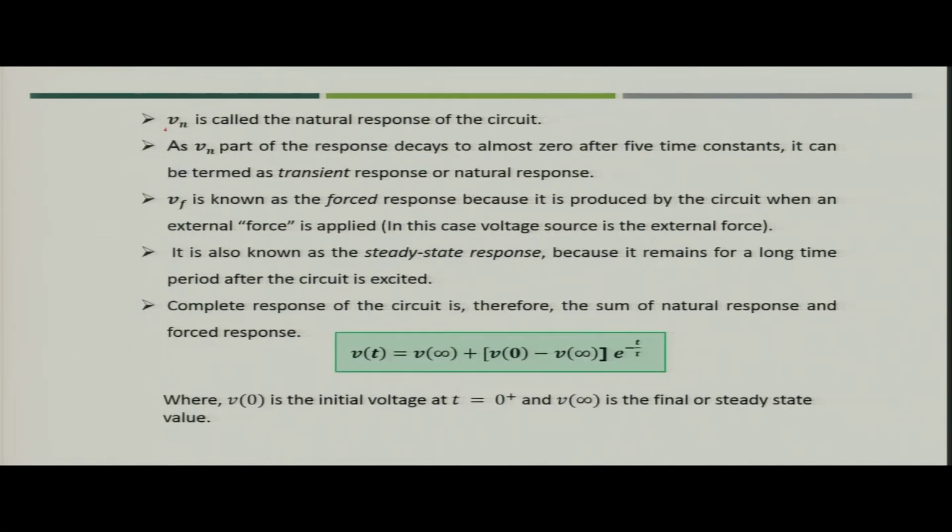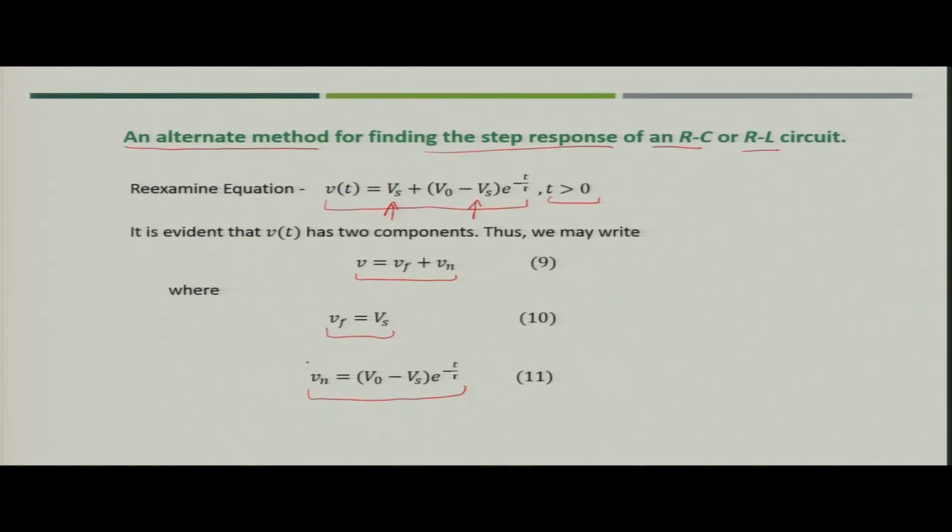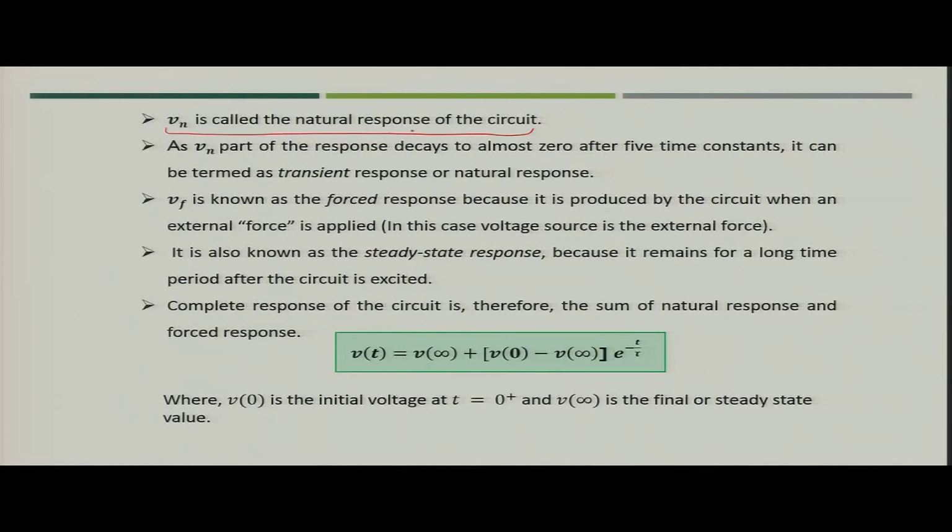Now, what is Vn? Vn is called the natural response of the circuit, because if you remember, the sourceless RC circuit equation which we derived was similar to what is given in this equation 11, that is Vn equal to (V0 minus Vs) times e to the power minus t by tau, and at that time we said this is the natural response of the circuit.